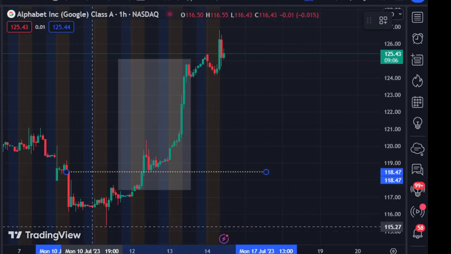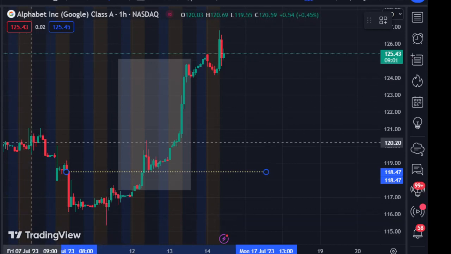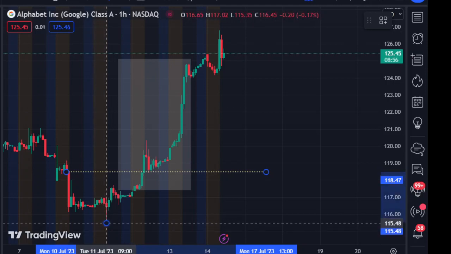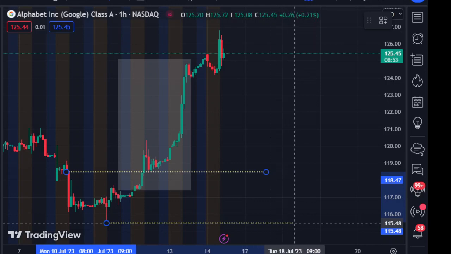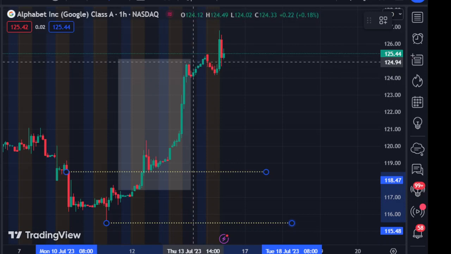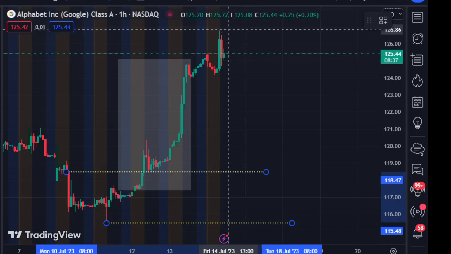Then Tuesday it went all the way down till here, right? So all the way down till here. And the highs, till now at least, it's Friday, right? Yep. So that was the high.